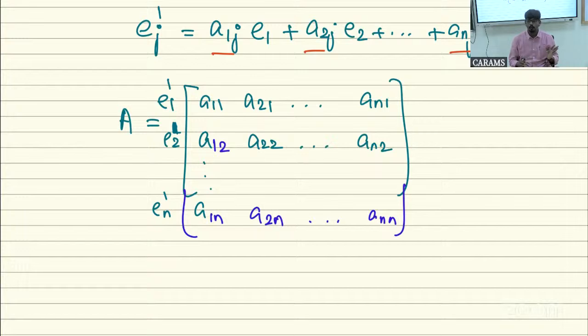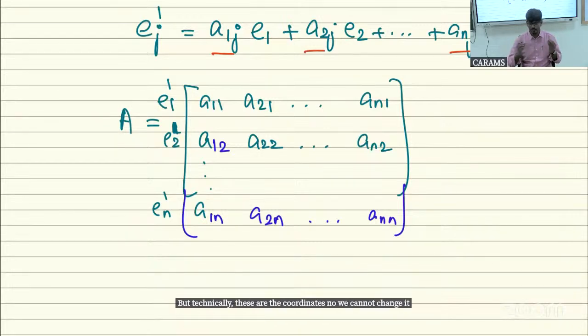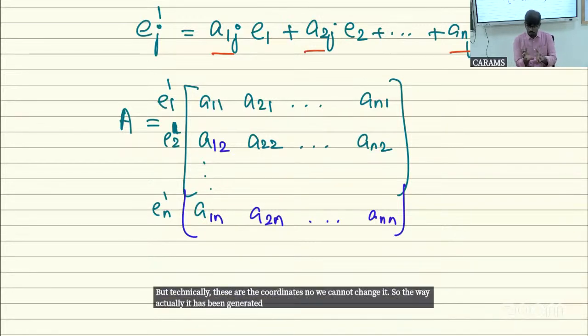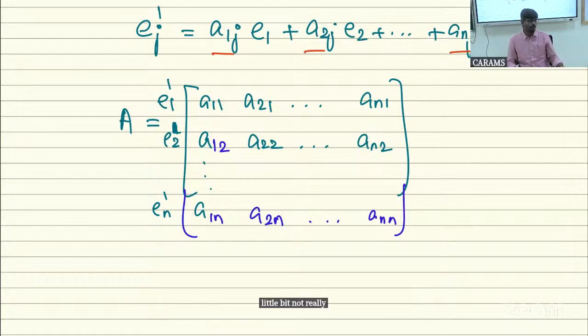What you really wanted to see is the A transpose, which will give you the nice look. But technically, these are the coordinates, no? We cannot change it. The way it has been generated, we cannot change this, although it looks a little bit not really normal to us.